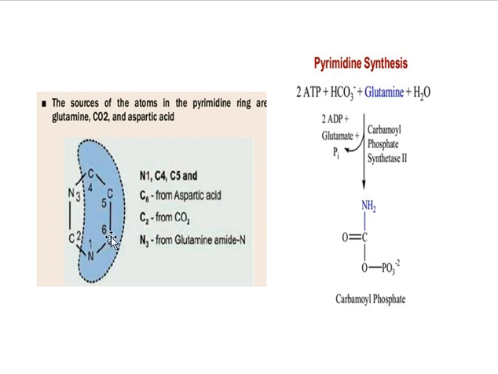Thus, in the synthesis of pyrimidine nucleotide, the pyrimidine ring, the aspartic acid, glutamine and carbon dioxide are the sources of atoms.